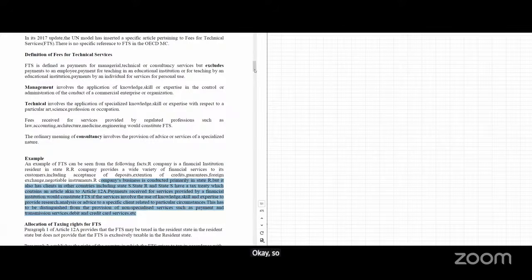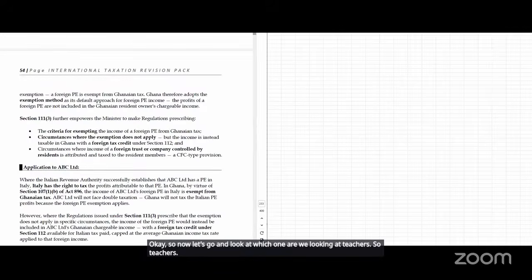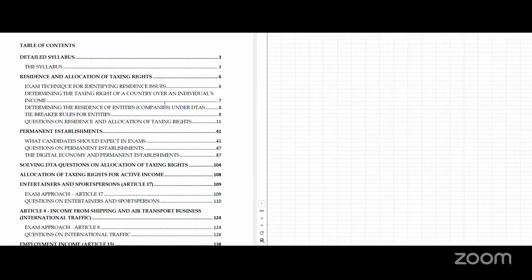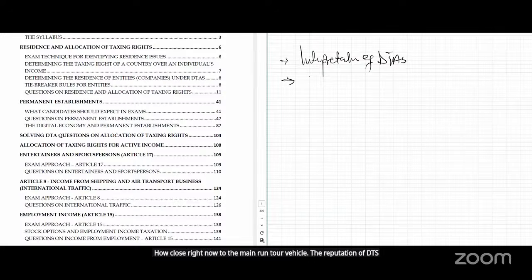Okay, so now let's look at interpretation of DTAs.